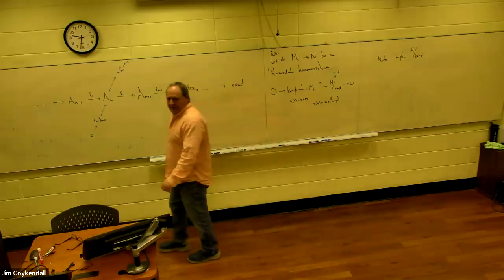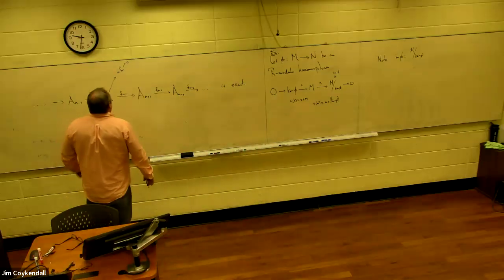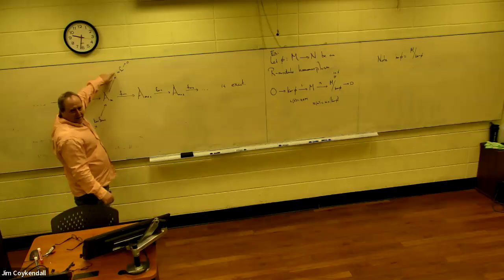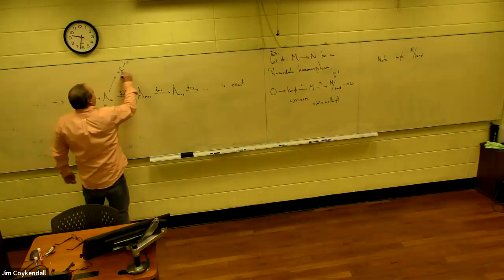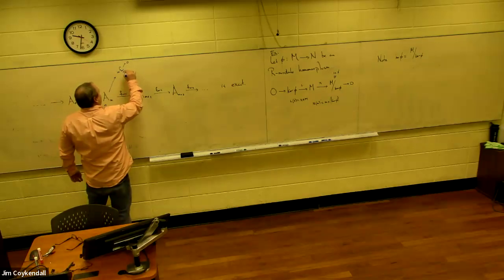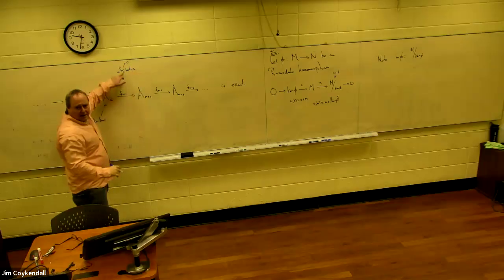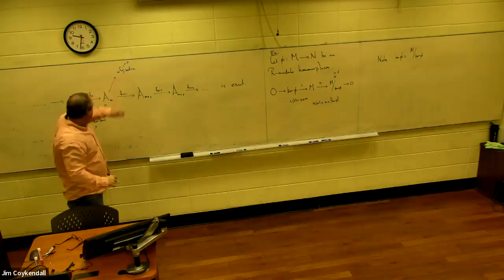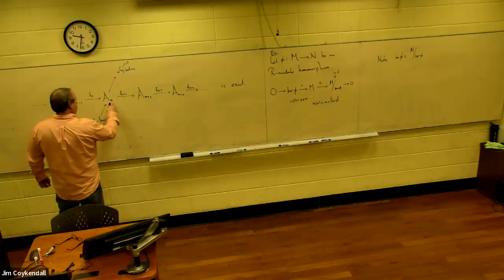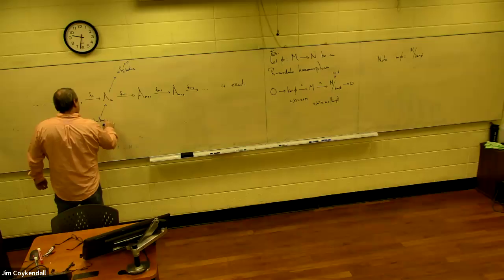Do I agree with that? Now, because of exactness, this is equal to the kernel of Fn plus two. Everybody agree with that? And this one is equal to the image of Fn.